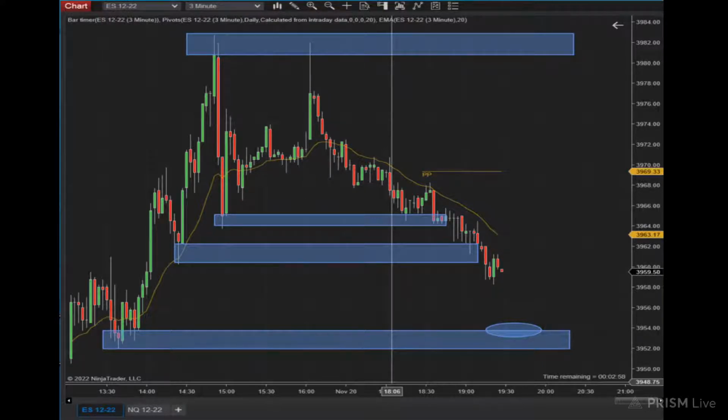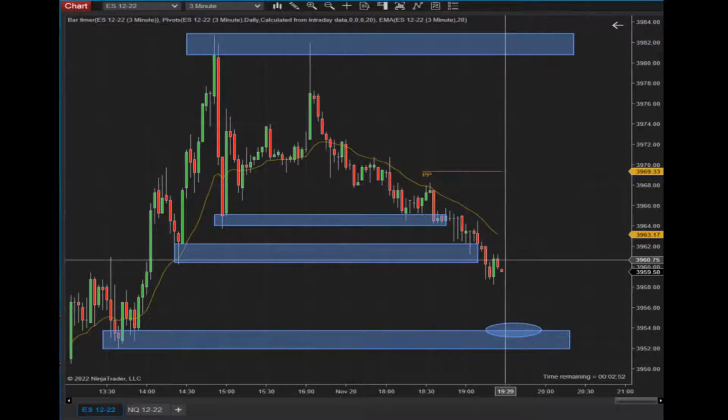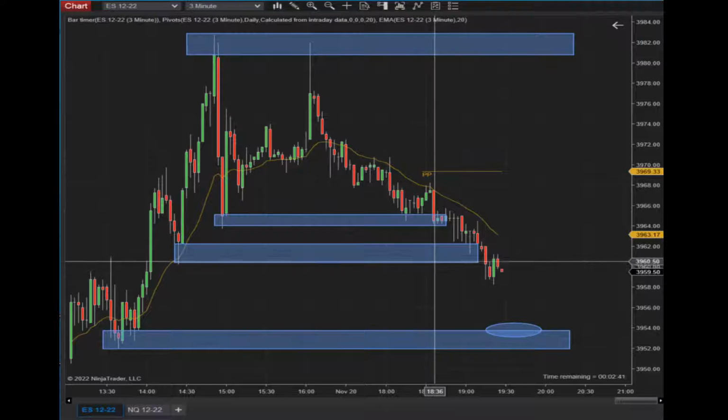All right. So it's already made its move. That's one of the positions that we should have gotten short, right here. If we would have done that at the end of this candle, we would have made our point, and that would have been one in the books.